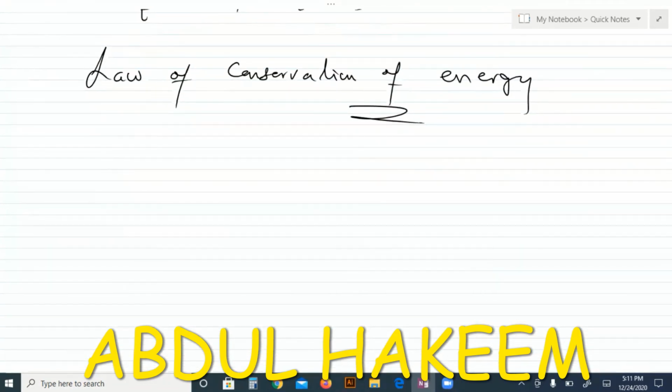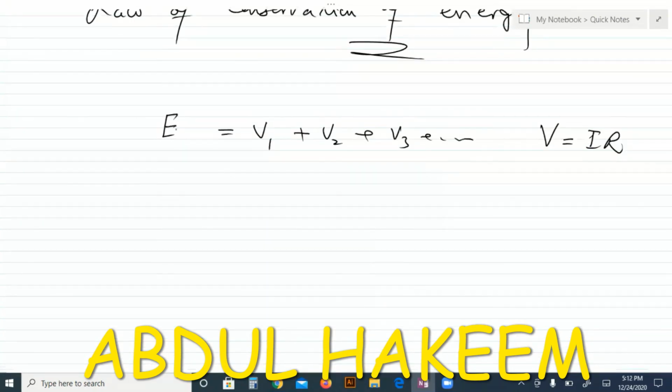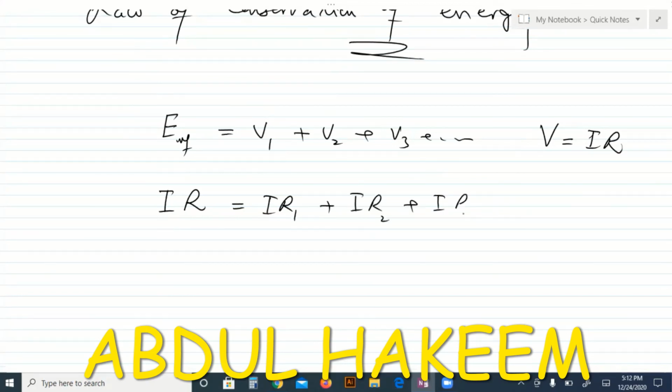Now, the total EMF is V1, V2, V3, and so on. But according to Ohm's law, V is equal to IR. So the EMF total can be written as total current, total resistance, and V1, IR1, V2, IR2, V3, IR3, and so on.